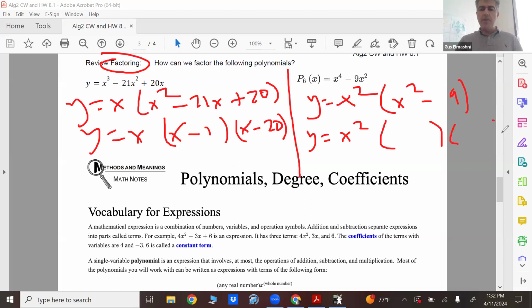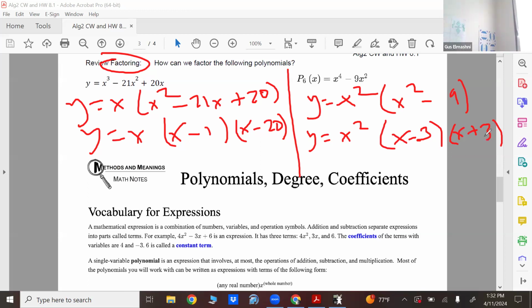Whenever you have something with x squared, you want to check to see if you can break it down further, just like in the previous equation. x squared minus 9, when you have 2 terms and a minus in the middle, typically you'll have the opportunity to do a difference of 2 squares, meaning the first and last terms are perfect squares and can be broken down further. x squared and 9 are perfect squares. How would I break this down further? x plus 3, yeah. Because if you were to FOIL, remember, FOIL is the opposite of factoring.